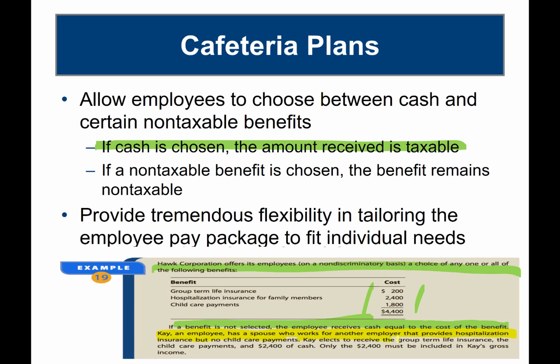So K elects to receive the group term life insurance, the child care payments, and then takes what? Takes $2,400 cash for the hospitalization because she's getting that under her spouse's program. Then what? Only that $2,400 that represents the cash portion is going to be taxable.